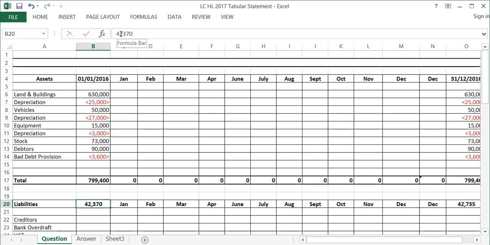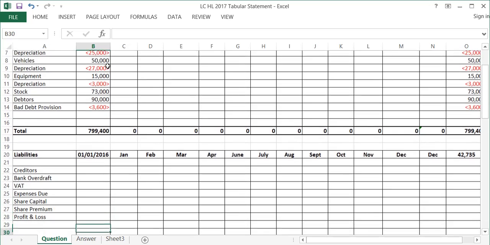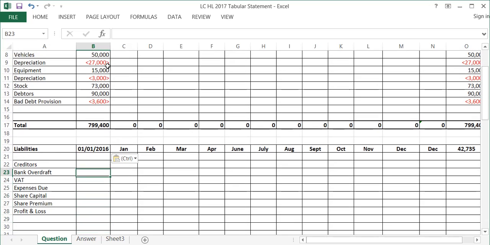Now, next thing we have to do are our liabilities. The first liability we have is creditors. So creditors are 54,000. Bank overdraft is 32,000. VAT is 8,400.